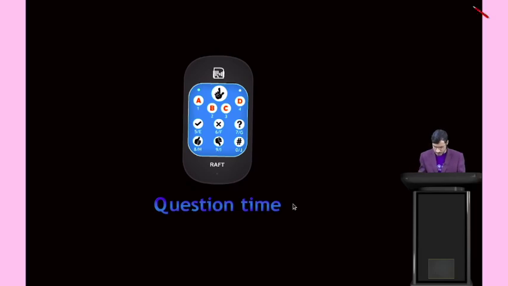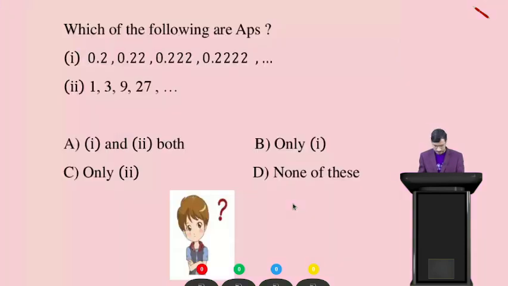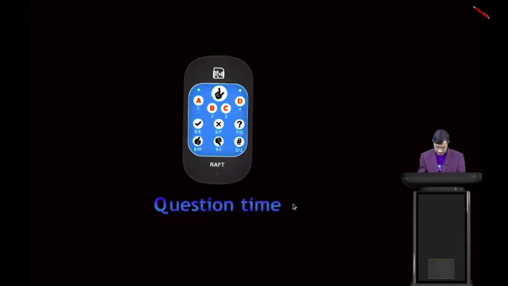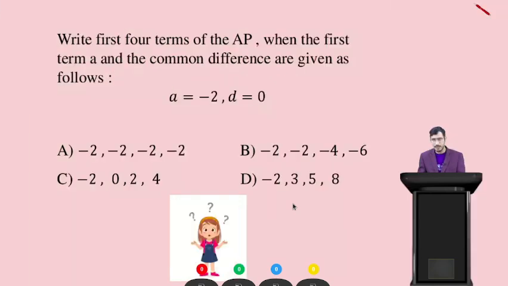Now students, let's see one more question here. Now solve this question. Write the first four terms of the AP when the first term a and the common difference are given as follows. Now tell me the answer. I am giving you 20 seconds.